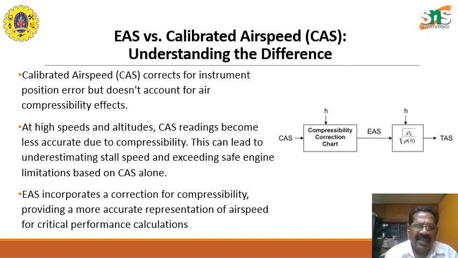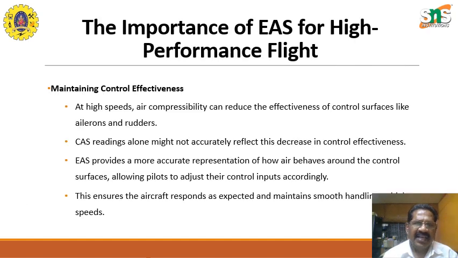The equivalent airspeed incorporates a correction for compressibility, providing a more accurate representation of airspeed for critical performance calculations. So the compressibility correction chart, when applied to the EAS, gives you the TAS.